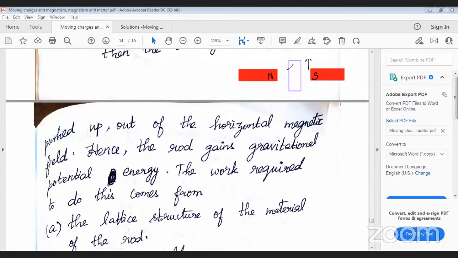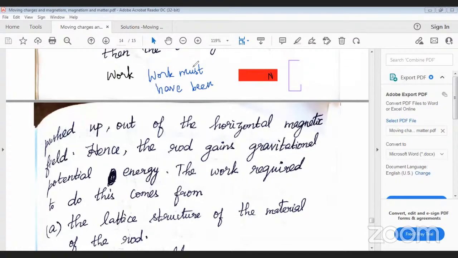Since it gains potential energy, work must have been done, and that work is converted into potential energy of the diamagnetic material. What they are asking is, you should find out from where does this work come from.